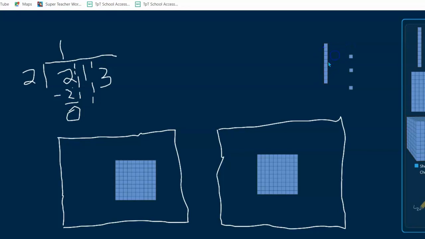So what I'm going to do is take and split this 10 into 10 ones.